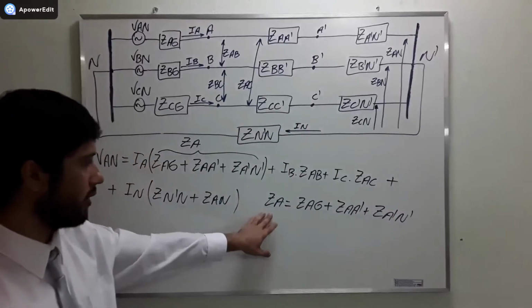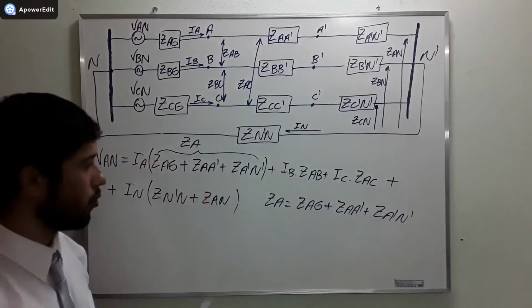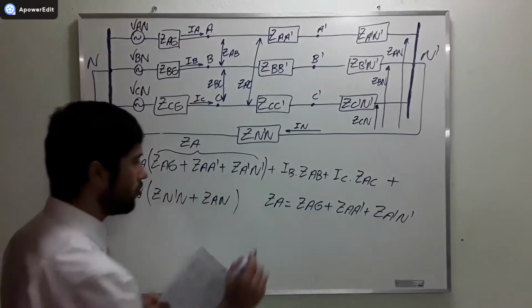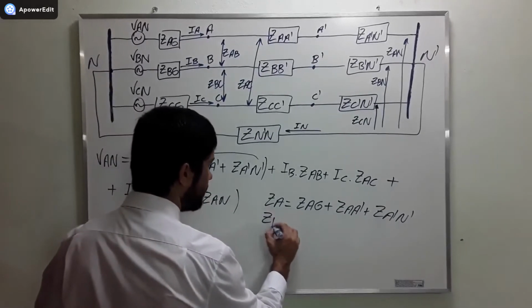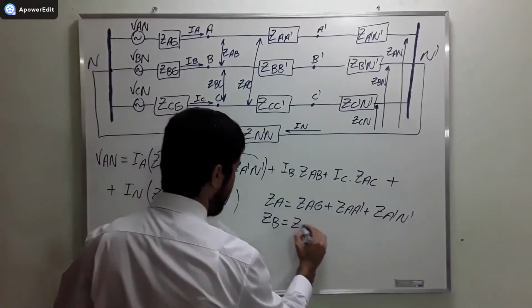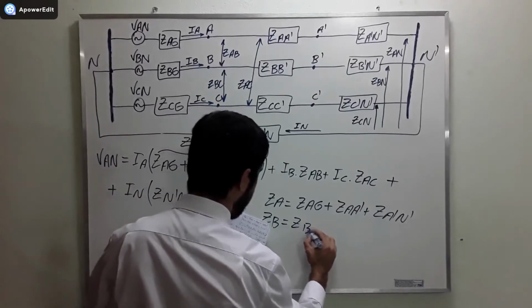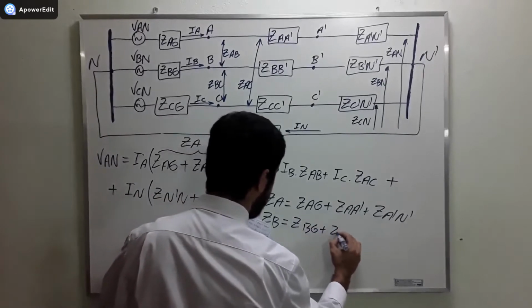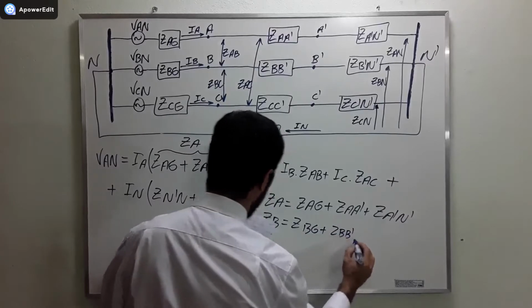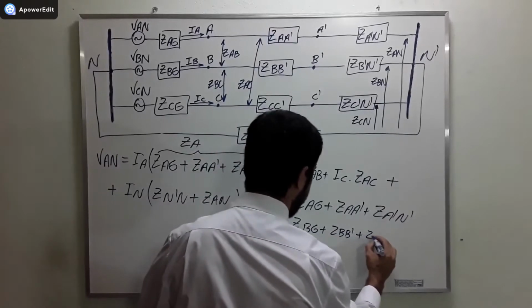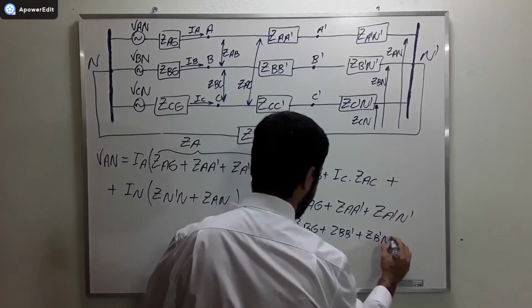If we do that, we are going to simplify our calculation. And the same is going to be done for ZB, ZBG plus ZBB' plus ZB'N'.